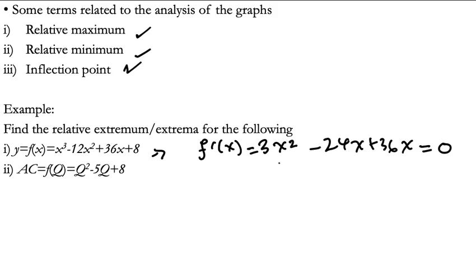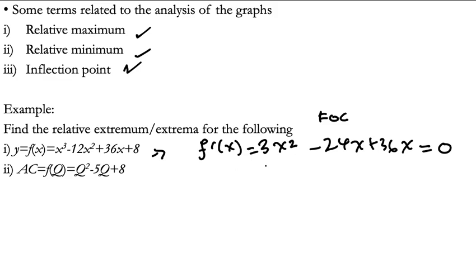What we are doing here is that because we want to find the relative extremum or extrema, we need to do the first order condition: get the slope and then equate it to 0. The moment we equate it to 0, it is called the first order condition. After setting it equal to 0, you can find the value of x.